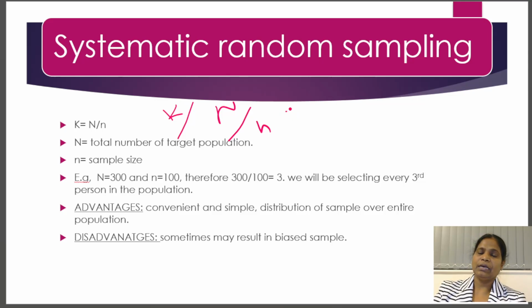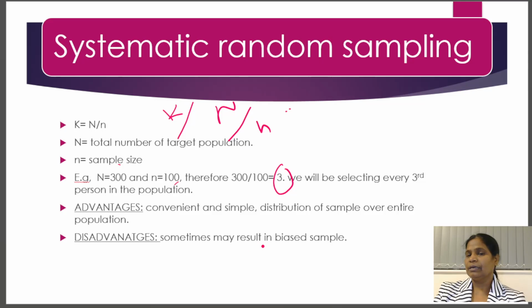For example, if the total target population N is 300 and n is 100, therefore it is every third number. By selecting every third person in the population, you can select the sample. Advantages: convenient and simple, with distribution of the sample over the entire population.